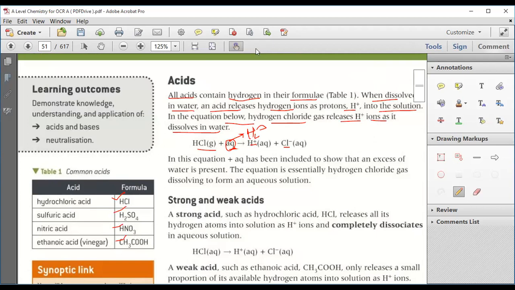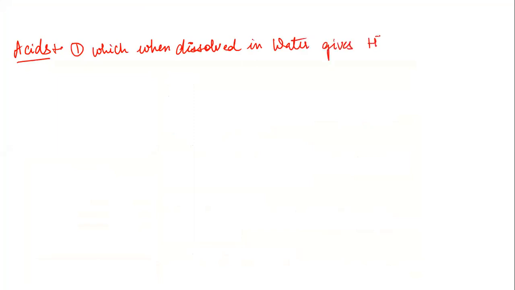Okay, now see this. Acids are those which, when dissolved in water, give H positive ion or H3O positive, which is known as hydronium ion.